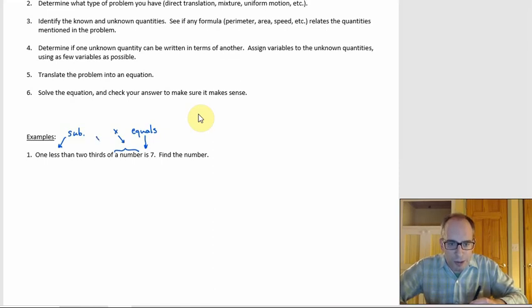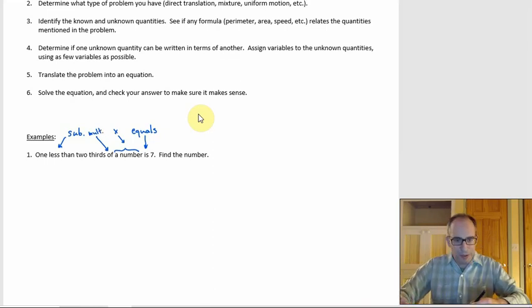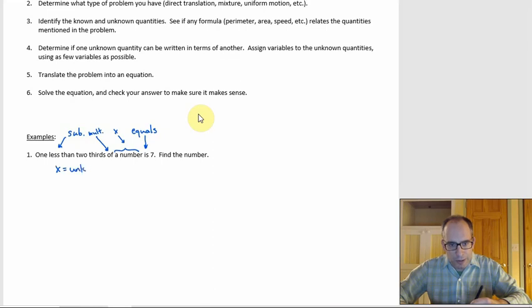So I hope I have enough space in here to write all this stuff. But the word of, that's going to be multiplication. Okay, good. Fit it all in there. All right, so then here, x is going to be our unknown number.